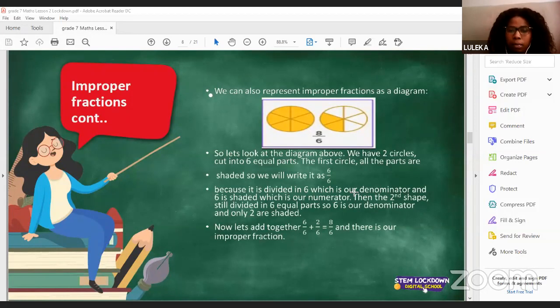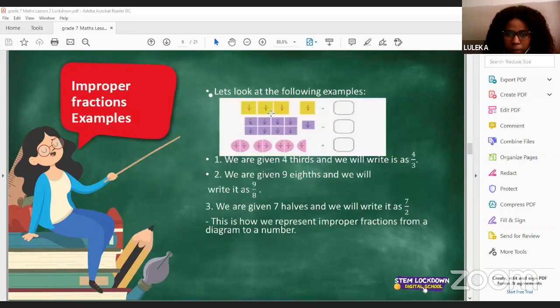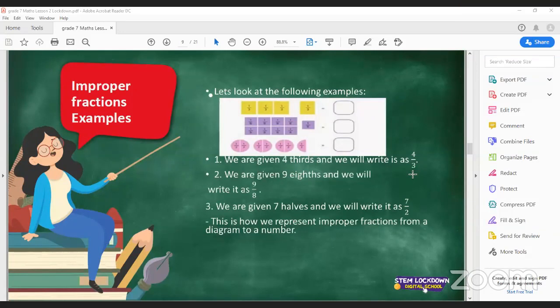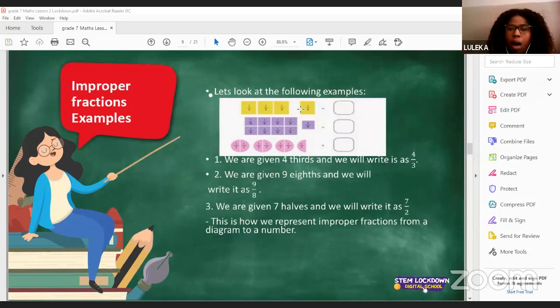Okay. Here is another example. I don't know if you can see. Here we are given 4/3. We will write it as 4/3 because it's 1/3, 1/3, 1/3, 1/3. So that's 4/3. The one that is in yellow, can you see on the slide?